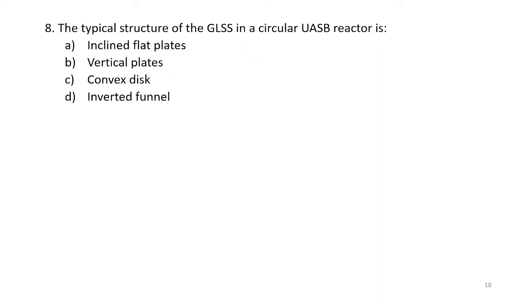The next question is, the typical structure of GLSS in a circular USB reactor is. GLSS means the gas liquid solid separator. Option A, inclined flat plates; option B, vertical plates; option C, convex disc; option D, inverted funnel. This is based on the structure of a USB reactor. So any lead, anyone?